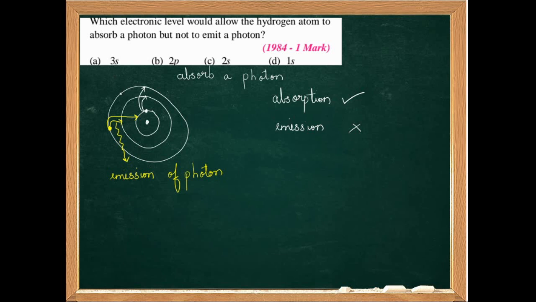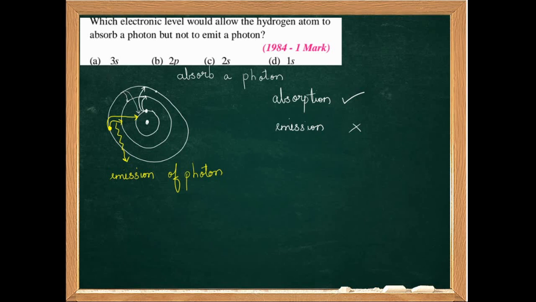From n is equal to 3, the electron can still move to higher shells because we still have higher orbitals, like 3p, then 4s and 3d. When there are orbitals present in higher energy levels, there can always be absorption. Now when I talk about emission in the 3s, yes, from the 3s it can go to lower energy levels, let's say 2p or 1s or 2s. So 3s can do both.